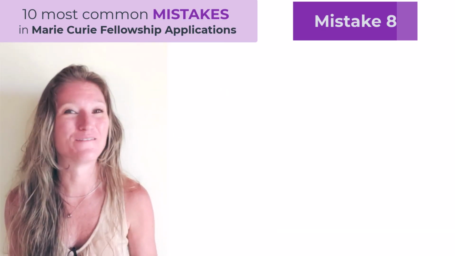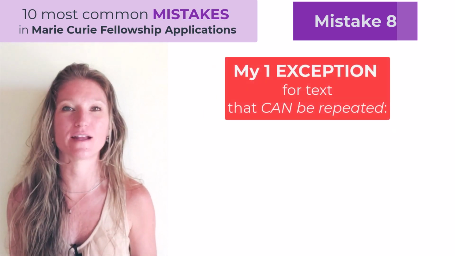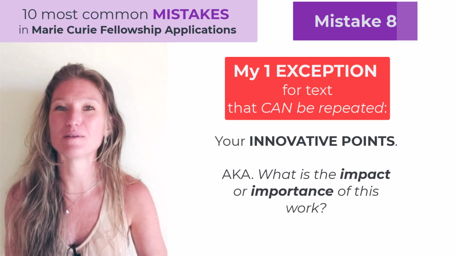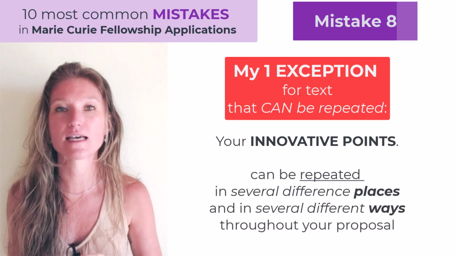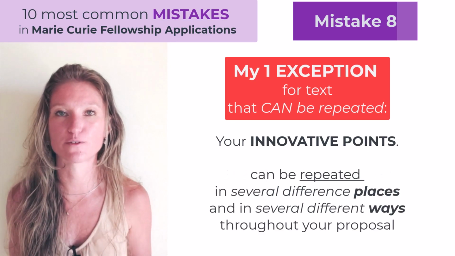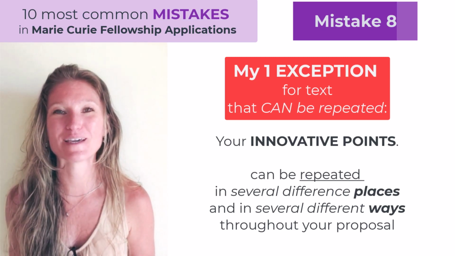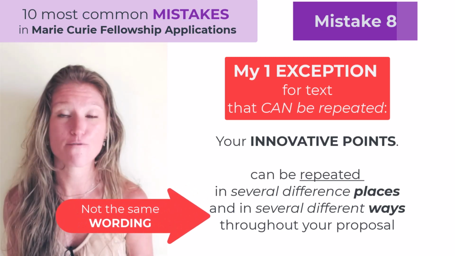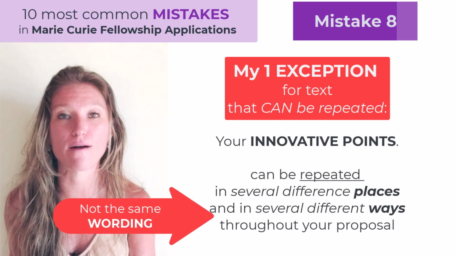I have one exception here though, and that is for your innovative points. I think it is perfectly acceptable and maybe even desirable to repeat the innovations of your project in several different places and in several different ways throughout the proposal. Now, the one point I want to make here is notice I said in several different ways. You never want to be repeating the wording word for word. That becomes obvious.